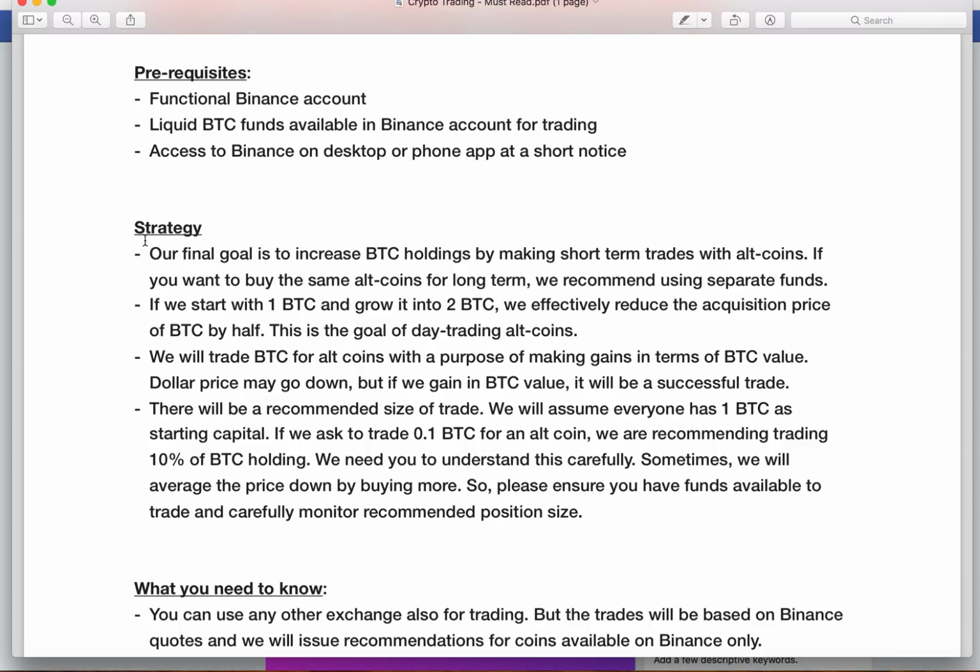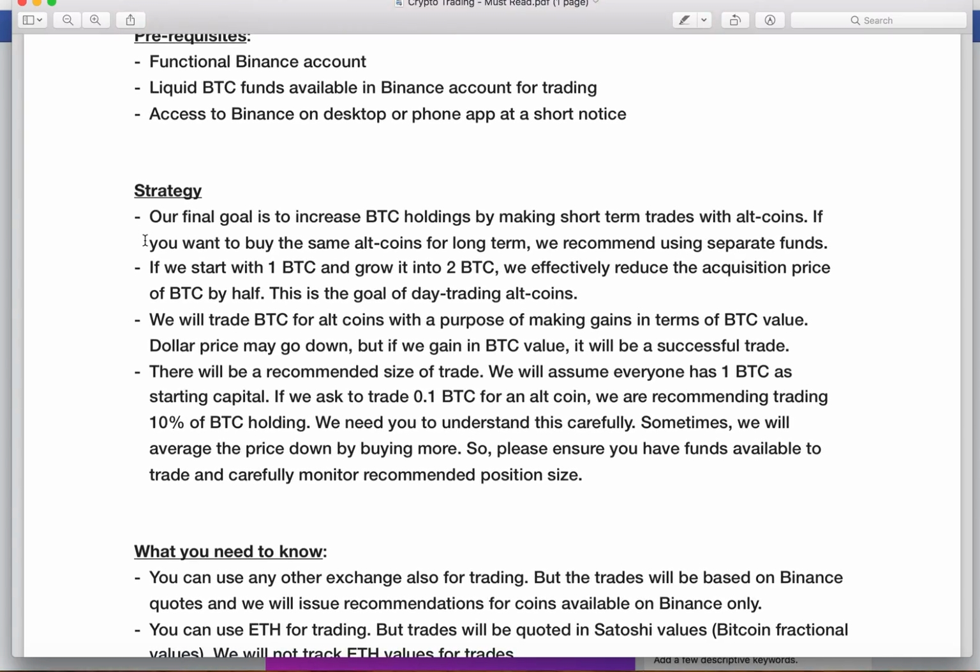What we are trying to achieve by doing crypto trading is to increase your BTC holding. So let's say you have one Bitcoin, and our goal is to make short-term trades and make a gain in Bitcoin terms.